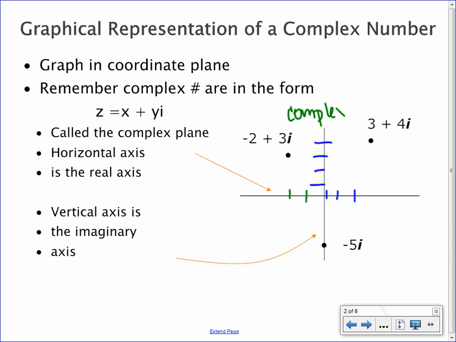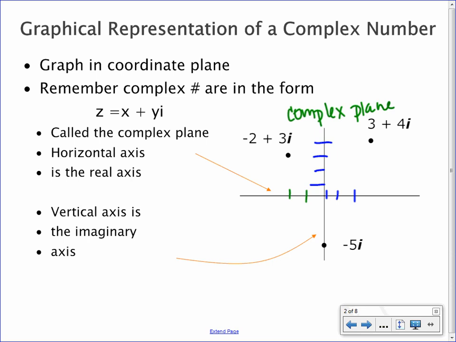Just keep in mind this is the complex plane. It's not the real plane where we usually graph things.